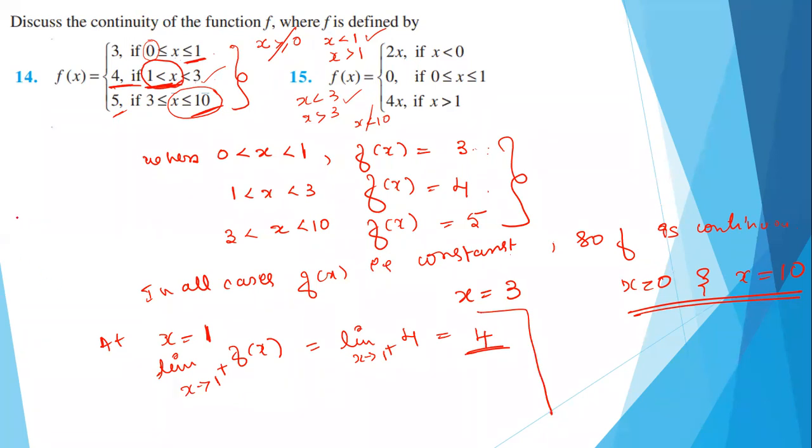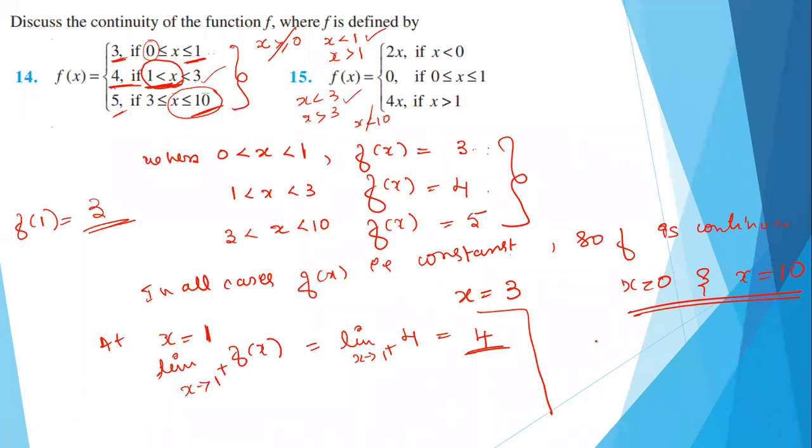But what is our functional value, f of 1? When x is equal to 1, functional value is 3, right? And right hand limit is 4. So what can you conclude? You need not find the left hand limit. Directly you can conclude functional value is not equal to right hand limit. Therefore, f is not continuous at x is equal to 1.